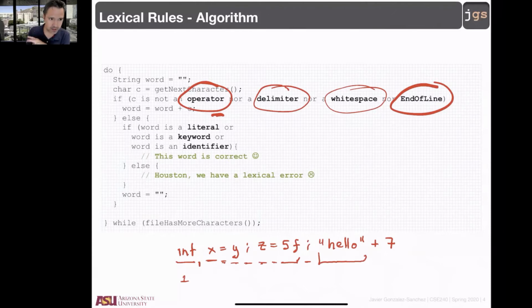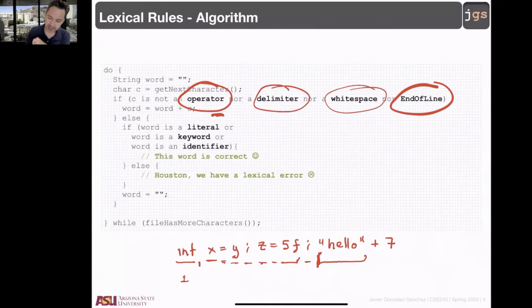Let me be clear. If you open quotation marks, everything is inside of the string until you close the quotation. What happens if I never close the quotation? From this point to the end of the line, you are going to have a string. Everything is going to be inside of the string.